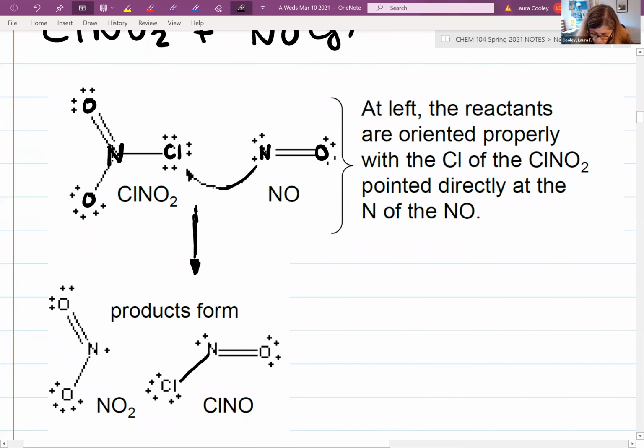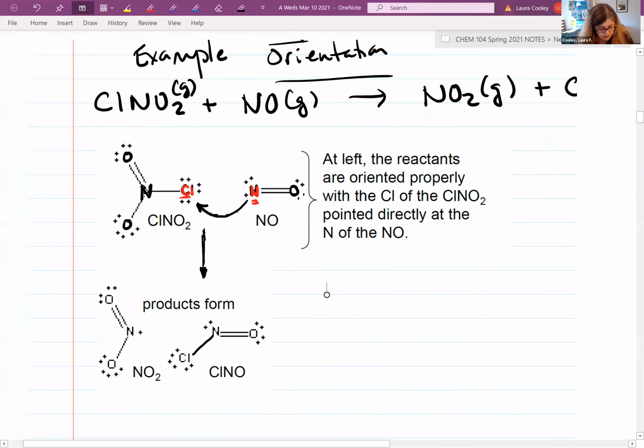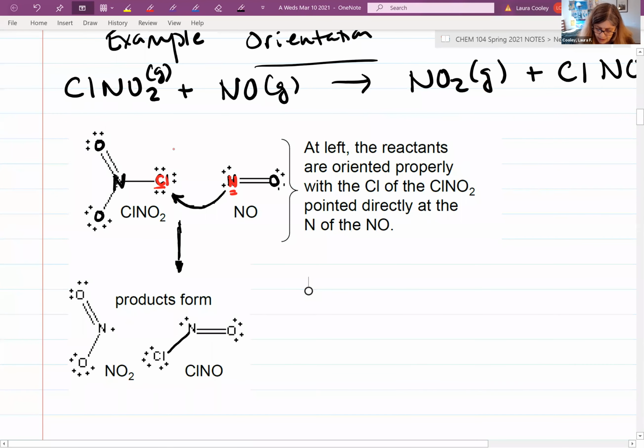So a bond is going to form between this N and this Cl. Clearly this N has to point at the Cl. If it's not directly pointing at the Cl, then the products aren't going to form. So these have to point at each other to form a bond.